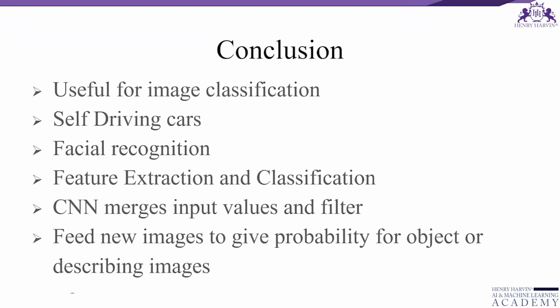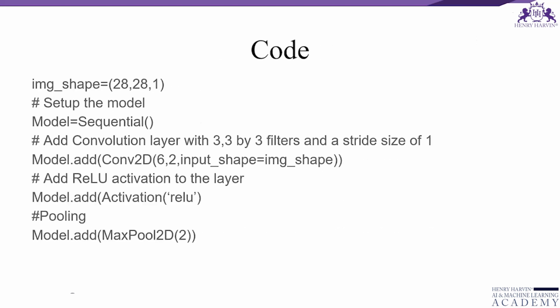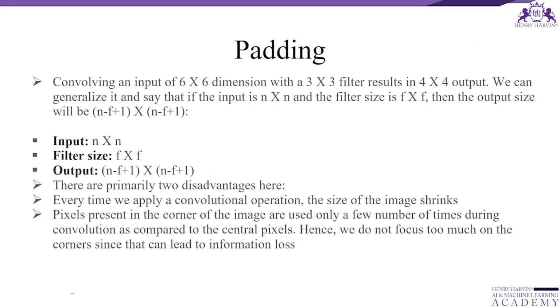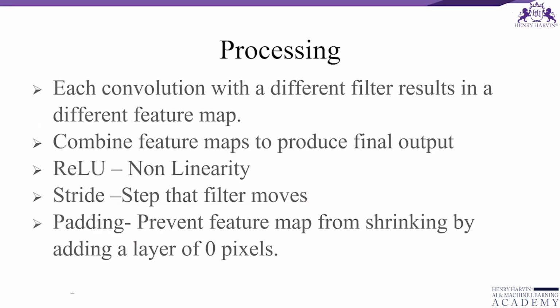We understood that CNN merges input values and a filter. And then when we feed new images, we get the probability for an object or a description of the images. I hope it is clear to you. It is so interesting to know about convolutional neural networks.